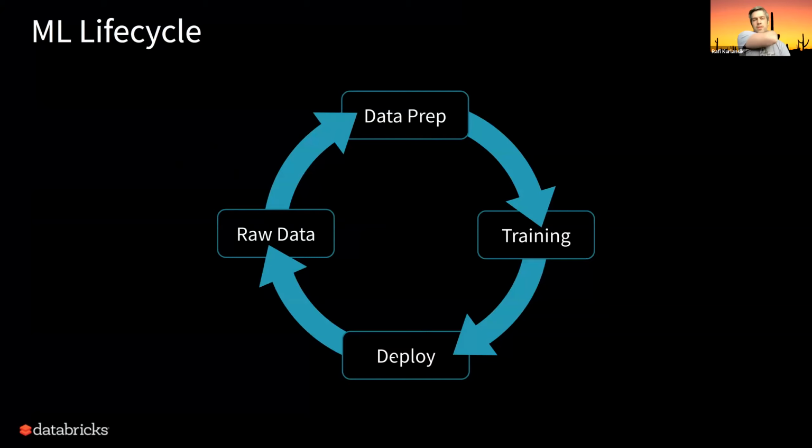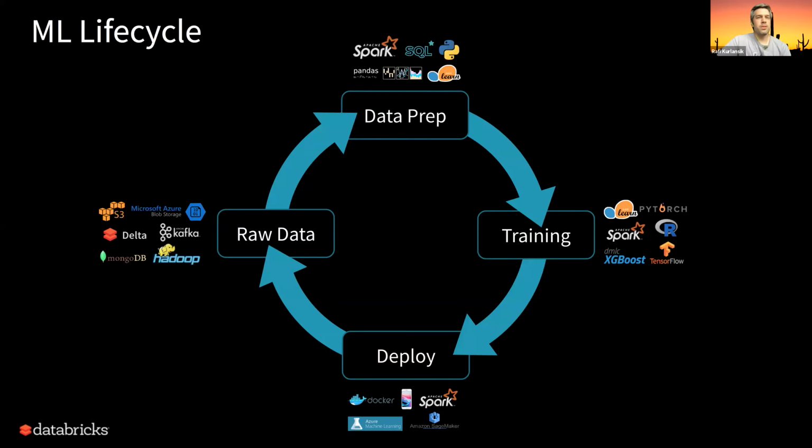That can be anything from saving a CSV and emailing the output of your model to somebody, to Dockerizing it, using Kubernetes and scaling it out. What's interesting is that there are so many different ways to do all these different things.